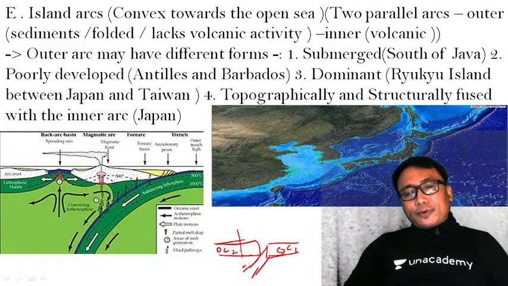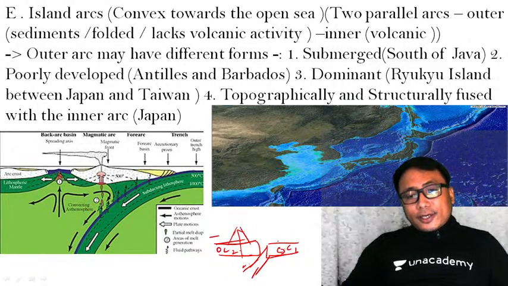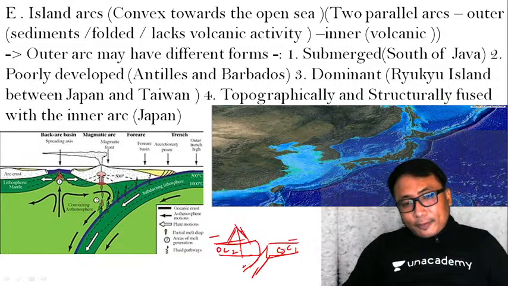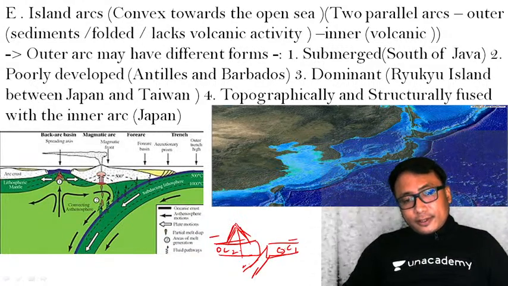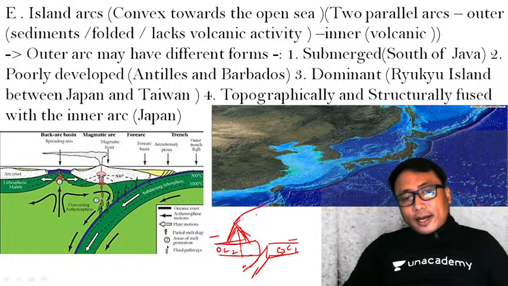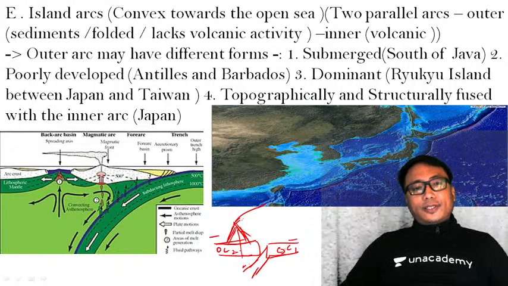The only route is upward, so it comes out in the form of volcanic eruption. Since it is an oceanic crust surrounded by water everywhere, the volcanic peak which comes out in the water is an island. This type of island formed in an arc shape is known as an island arc, which we have already seen.